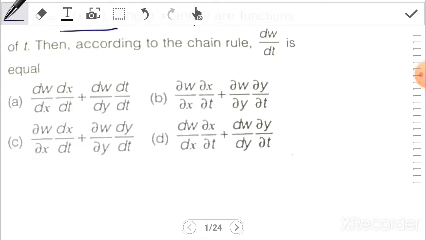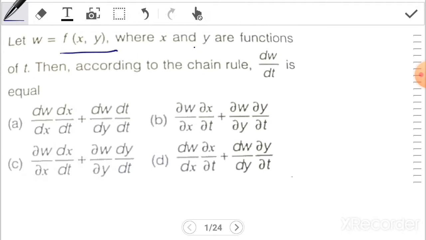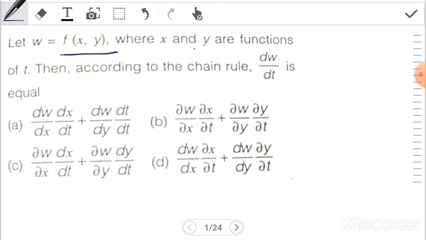See, the formula for a total derivative is a direct result of the chain rule. And I had made a mistake here in the last lecture.